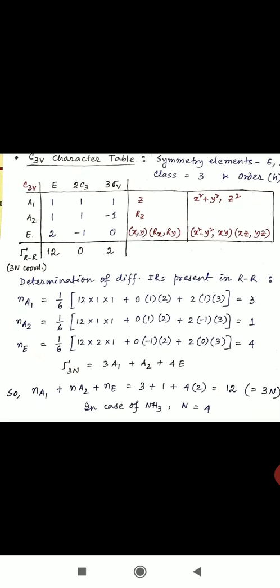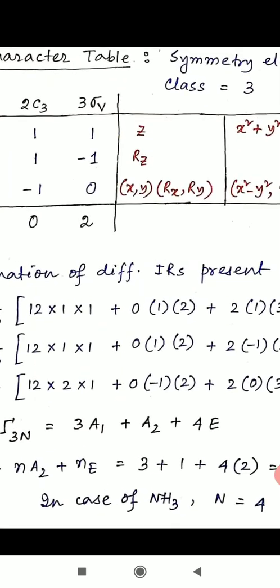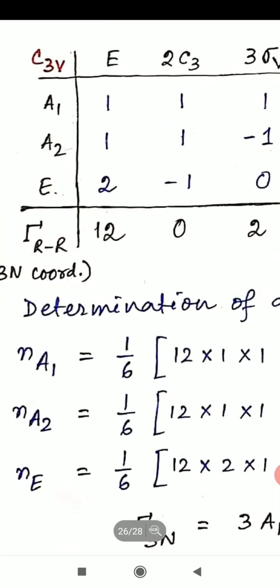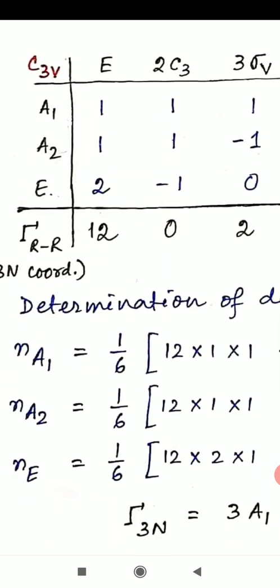Again in case of number of A2, we have to write 1 by 6, that is our order. Then 12 into 1 into 1 plus 0 into 1 into 2 plus 2 into minus 1 into 3, that is our 1. In case of E, 1 by 6. Then 12 into 2 into 1 is the first one. Next is 0 into minus 1 into 2, and the last one is 2 into 0 into 3. So that is our 4.